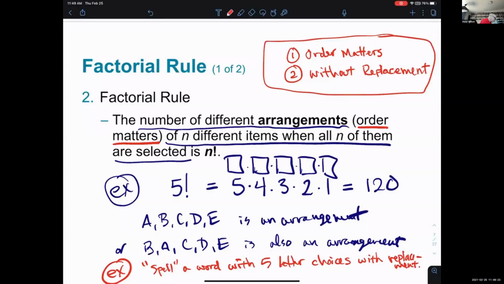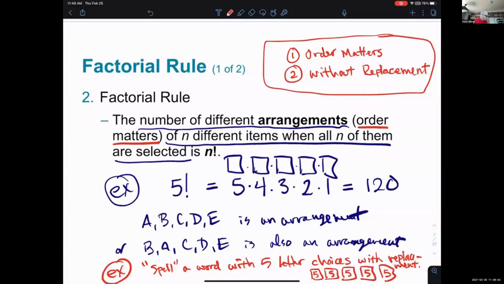So in that case, my calculation would be 5 choices. Again, 5 letters are being picked. But in each case, the possibility is the same. I might have 5 to choose from. And so that's 5 to the 5th power instead of 120.